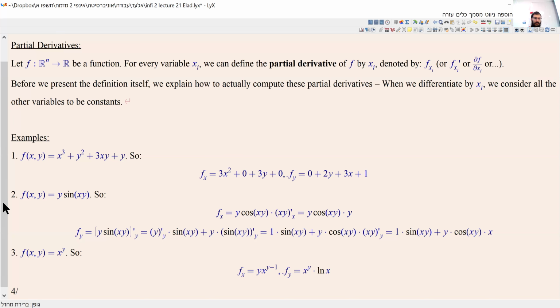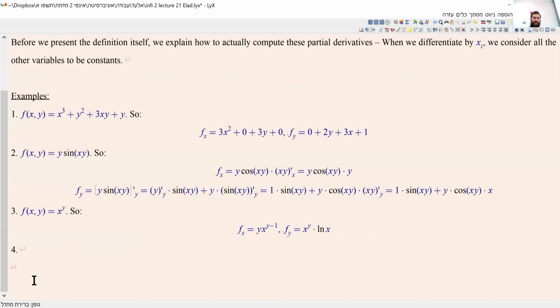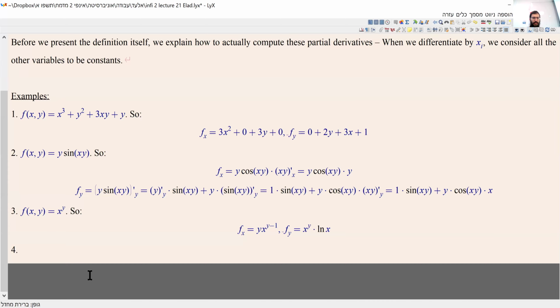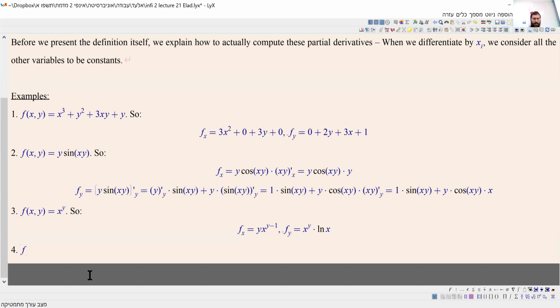And for my next trick, the last example before we talk about the definition. As I mentioned on Sunday, most of our examples are of two variables.